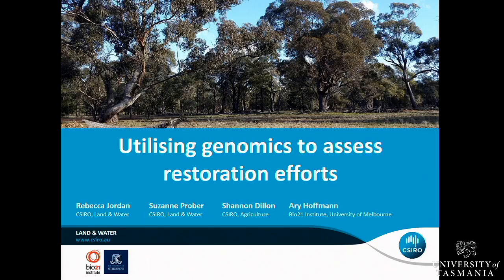And so I'm really interested in how we can use genomics to inform conservation management and how we can think about capturing that genetic diversity to help create that dynamic capacity in our natural and restored systems to help with that long-term sustainability. And so some of the work I'm going to be talking about today is looking at, in particular, restoration, as this session suggests, and how we can use genomics to assess current restoration practices and think about what we might do into the future.